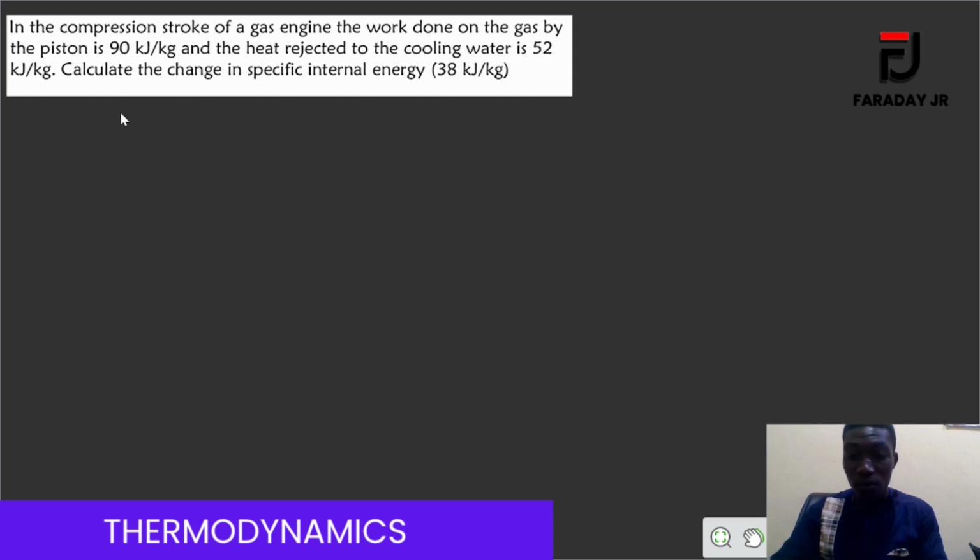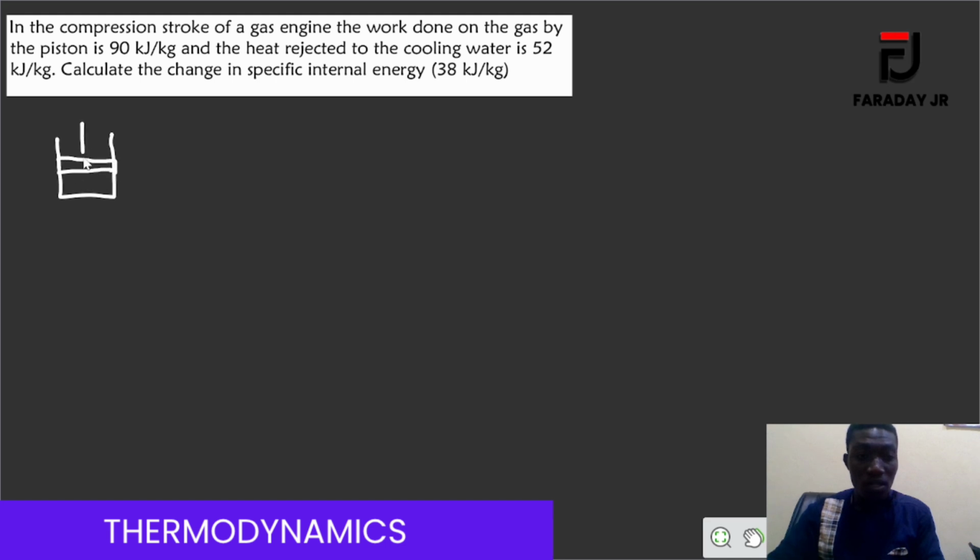So first of all, it says that in the compression stroke of a gas engine, the work done on the gas by the piston is 90 kilojoules per kg. Even if you hear compression, that means it went down.